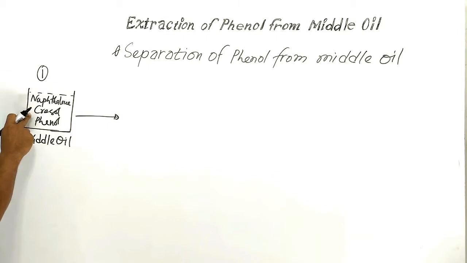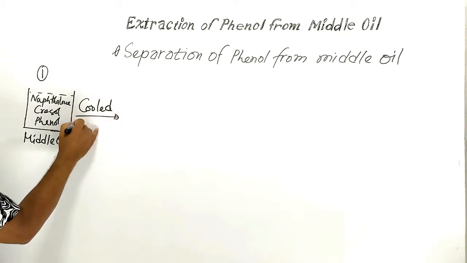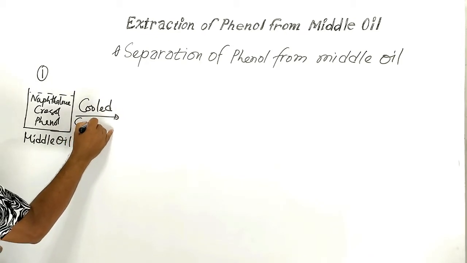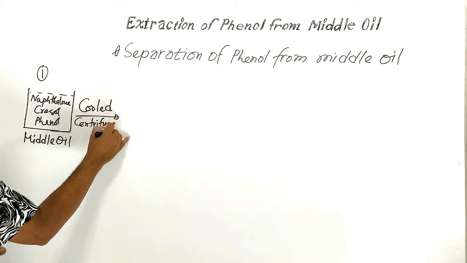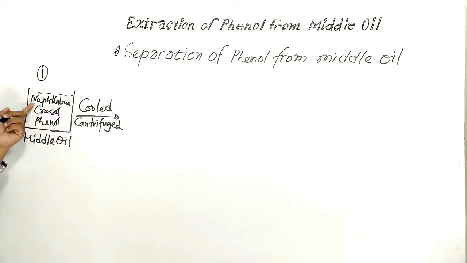Now this mixture is cooled and centrifuged. A centrifuge is a kind of device that is used to separate components of a fluid using centrifugal force.